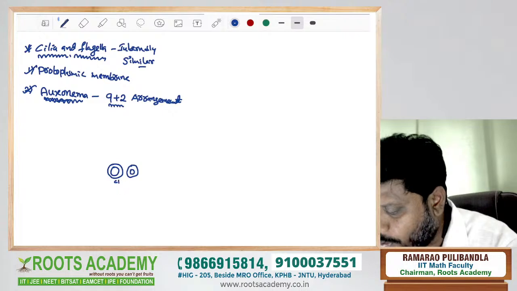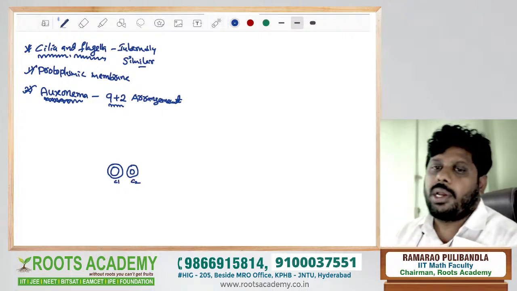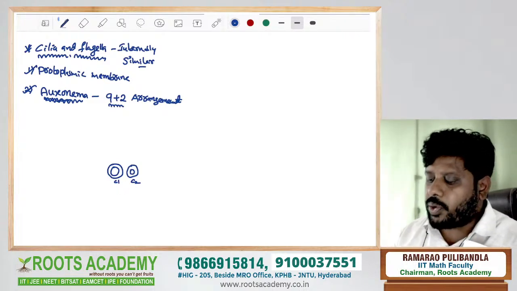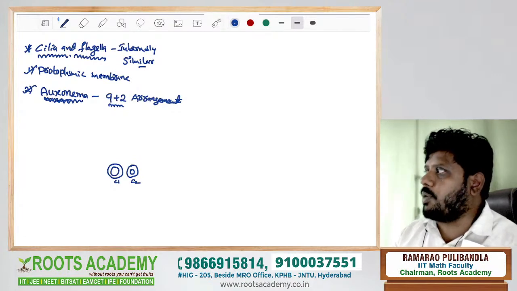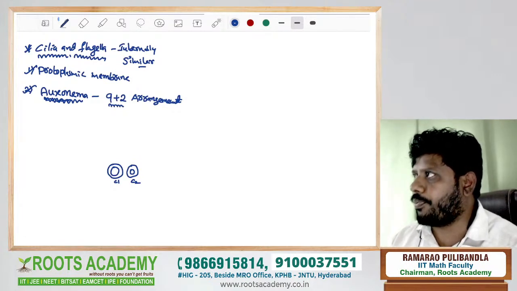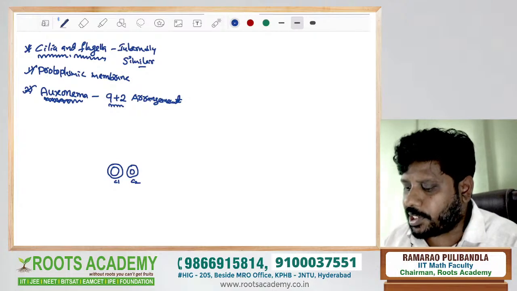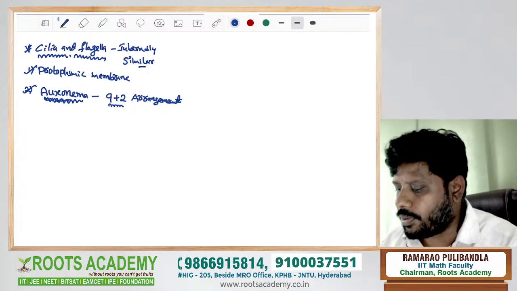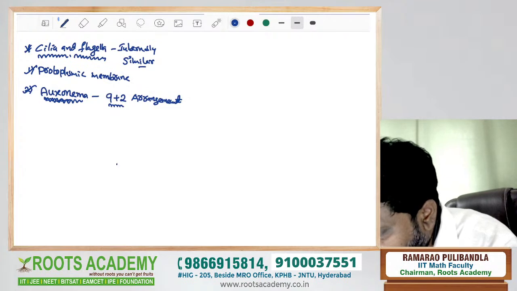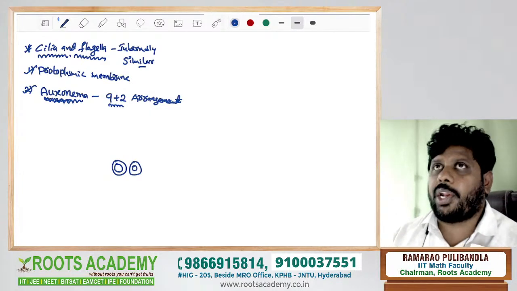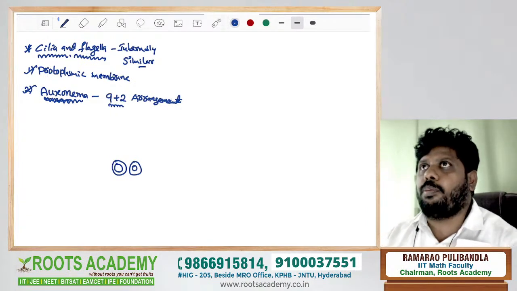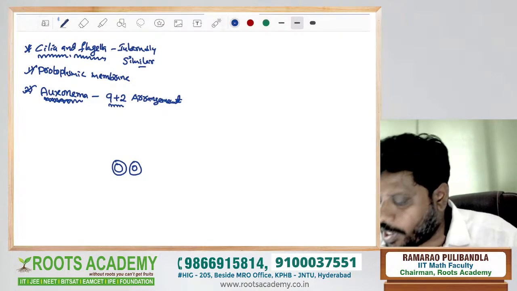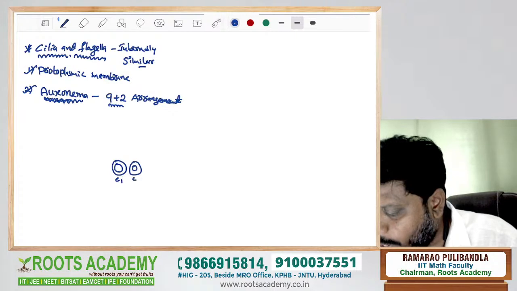They are named C1 and C2. In the center, how many microtubules are present? 2 microtubules, C1 and C2.